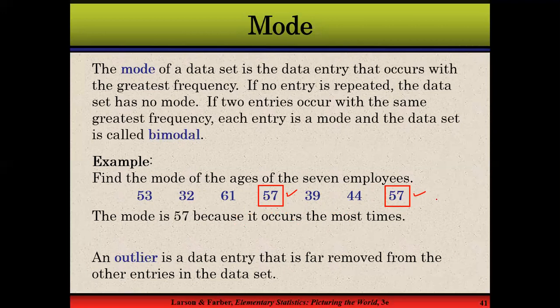Unimodal data is a data where we have only one mode. So there is only one value that is being repeated. But if we have 2 values that are being repeated for the same number of times, then we call that data set bimodal. Okay, so in bimodal data, we have 2 values that repeat themselves an equal number of times.